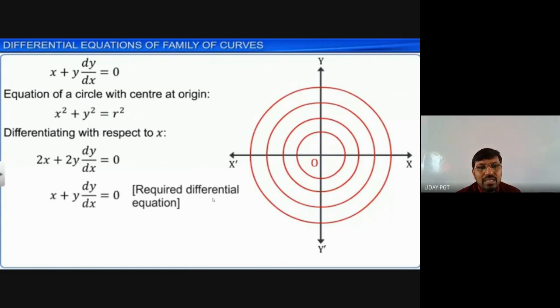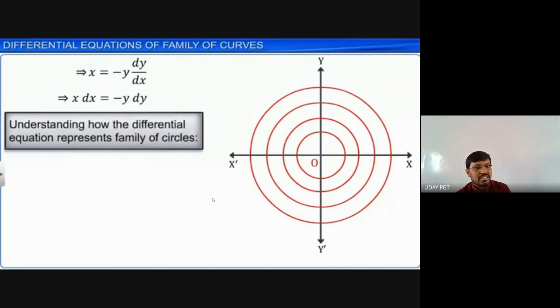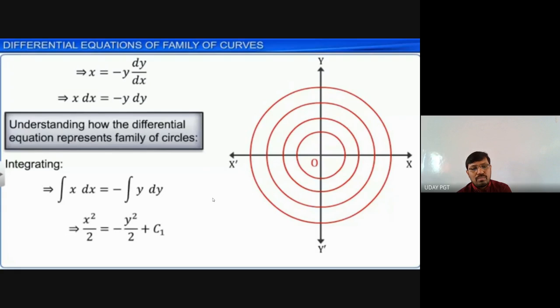That is, x square plus y square equal to r square is the equation of the circle with radius r. So when you take x dx equal to minus y dy, understand how the differential equation represents the family of circles. Now if you integrate on both sides, x square by 2 plus y square by 2 is equal to c, some constant.